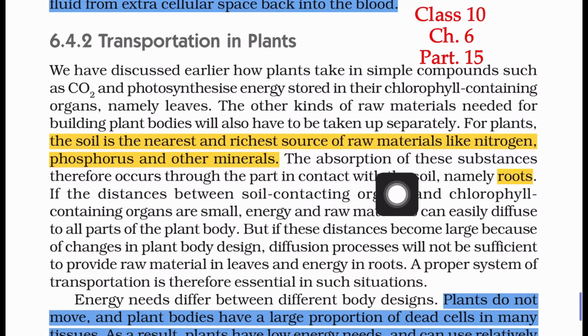The absorption of these substances therefore occurs through the part in contact with the soil, namely roots. Therefore, nitrogen, phosphorus or any other minerals are absorbed by the roots, which are in contact with the soil.